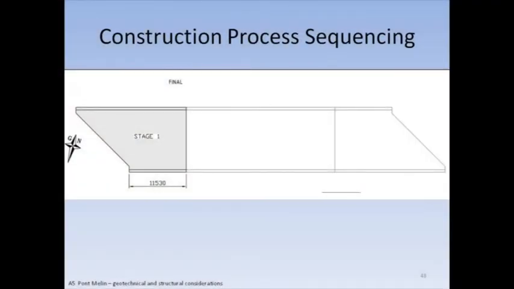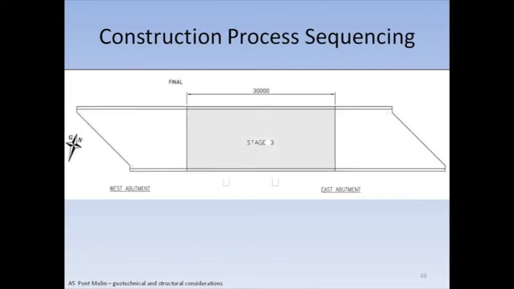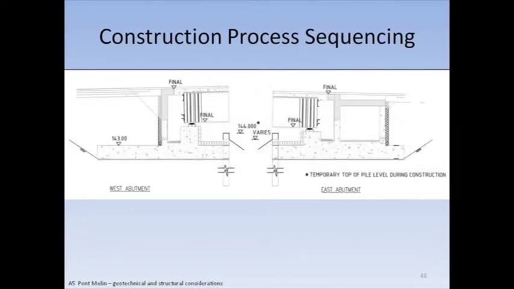The deck was constructed in a standard sort of manner with 3 phases, the ends being cast before the centre, so as to reduce the locking in of the sagging moment within the single span. And then finally the bridge deck could be lifted to the appropriate position.